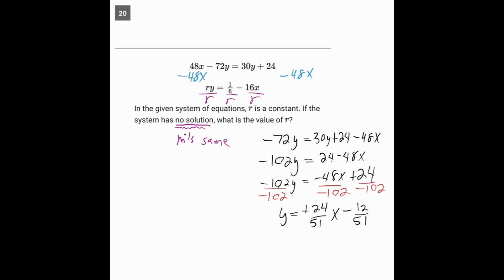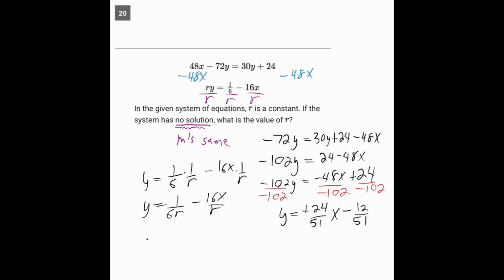So we're multiplying everything by 1 over r. So we've got y equals 1 over 6 times 1 over r minus 16x times 1 over r. And that's giving us 1 over 6r minus 16x over r.